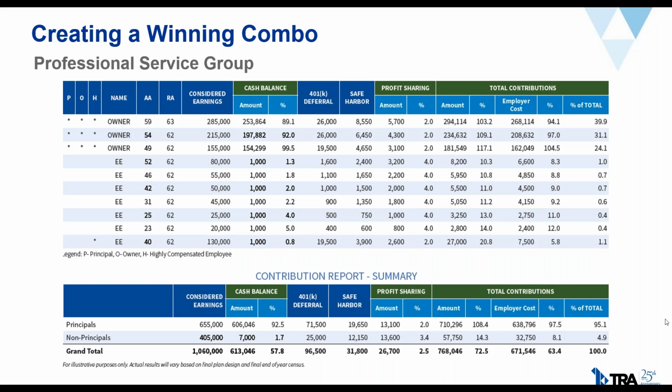Why is the cash balance contribution amount so low for non-owners? I can answer that one. It doesn't have to be, but most owners, when they put in a cash balance plan, say, quote unquote, give me the maximum benefit I can get and make it as efficient as possible, which means keep my cost as low as possible.